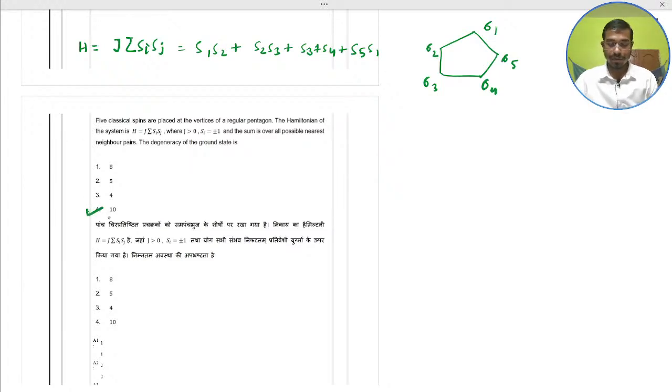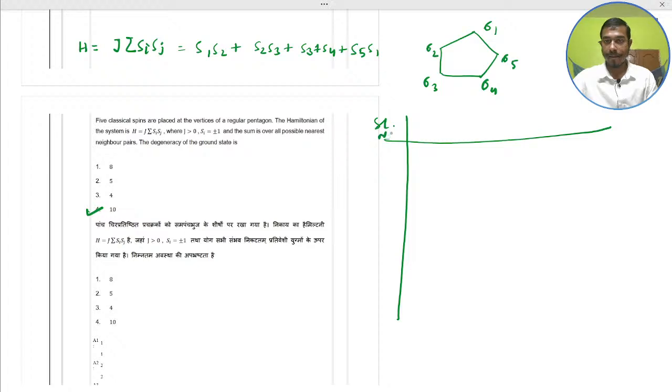You just distribute the spins yourself in this pentagon, because pentagon means 2 to the power 5, 32 distributions. This is the serial number 1, 2, dot dot dot 32.